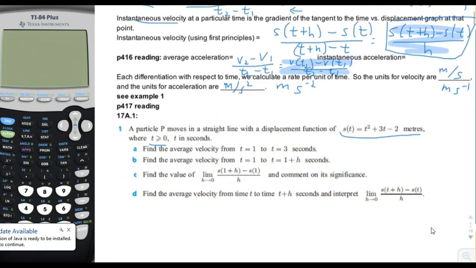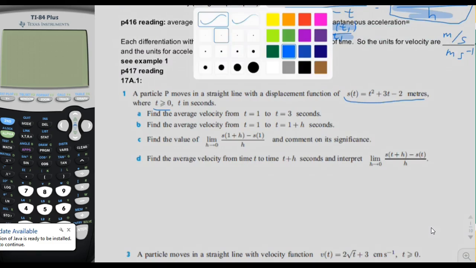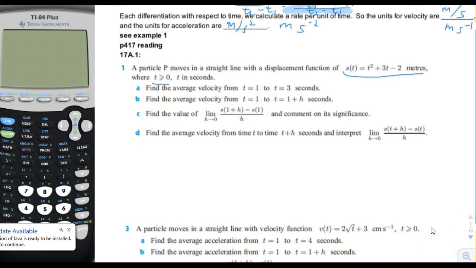Okay, so since velocity is equal to the change in distance over the change in time, basically it is the derivative of displacement.